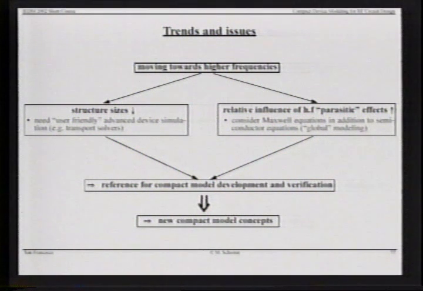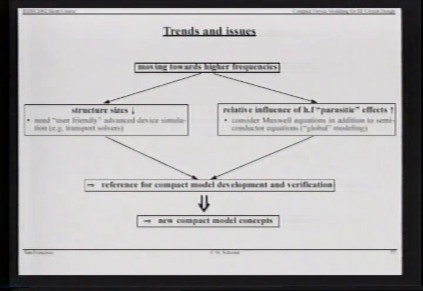But what we usually do is we use simulators to construct compact models, to understand the device, use the simulation results, figure out what simplifications we can make in general, and then come up with a new compact model equation. But what we are missing really are some user-friendly transport solvers where we can figure out, do we have to take into account high energy effects in those devices, or are they just still irrelevant? And so we can use those simulators.